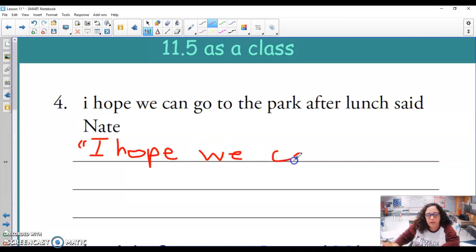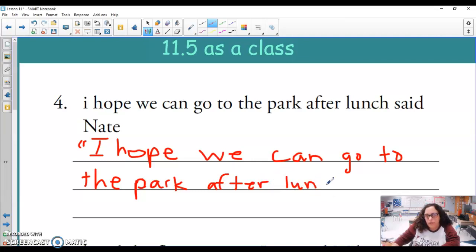we can go to the park after lunch." And this is where Nate is ending his sentence, so we are going to put a comma and then quotation marks up top, and then we write "said Nate."